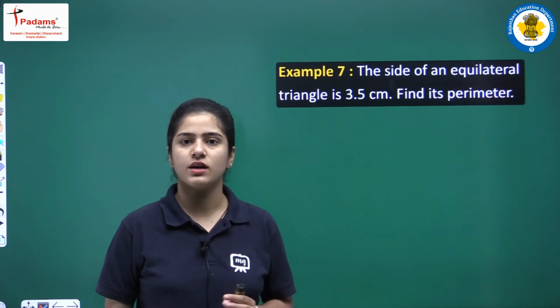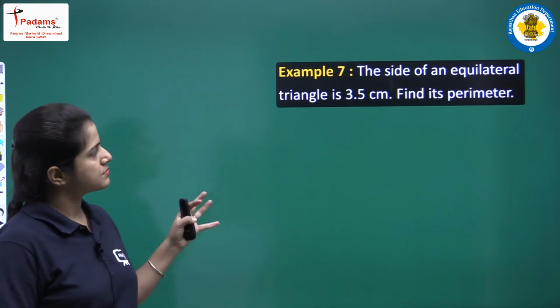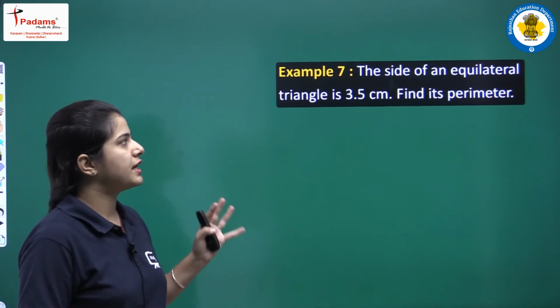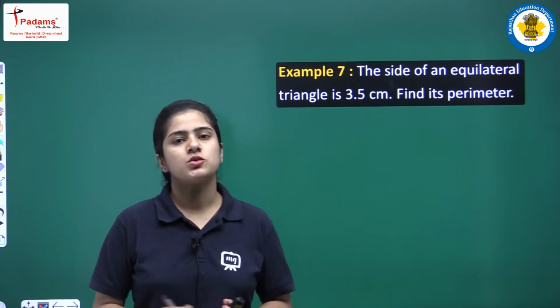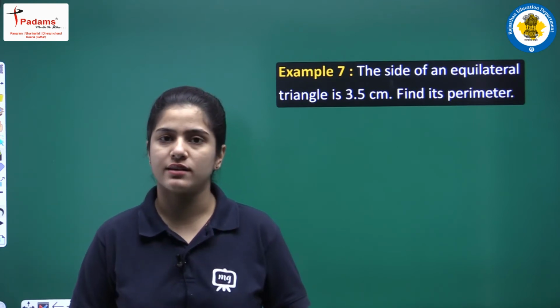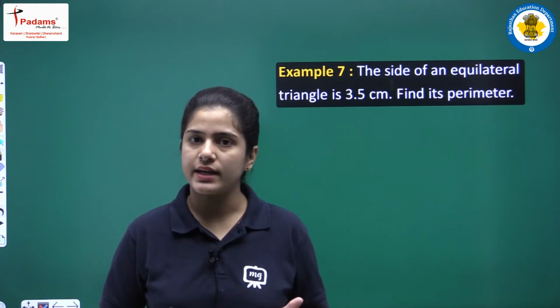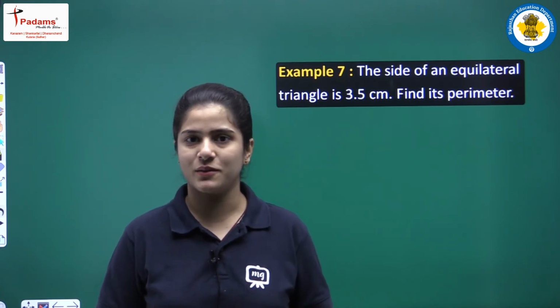Okay, students. So, the next question is, the side of an equilateral triangle is 3.5 centimeter. Find its perimeter. Students, what is an equilateral triangle? Equilateral triangle is a triangle in which all the sides are equal. Okay, students.